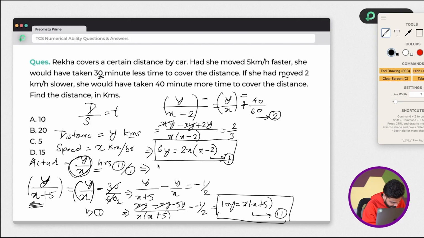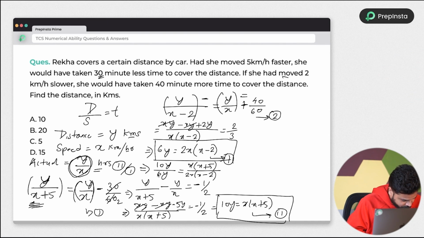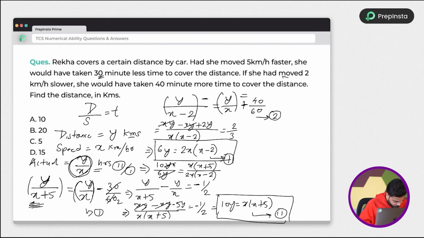It will become 10y upon 6y is equal to x into x plus 5 upon 2x into x minus 2. So if I solve it now, y and y gone from here, x and x gone from here, and then this 2 gone with 6 3 times.